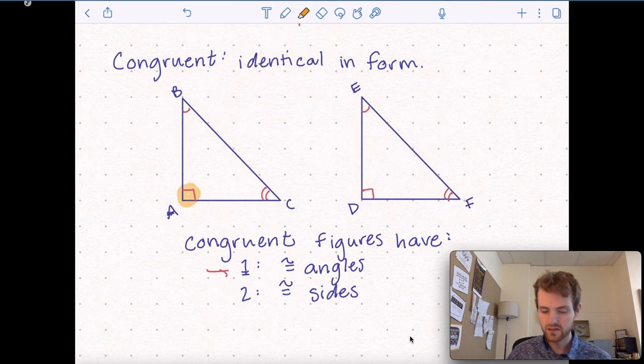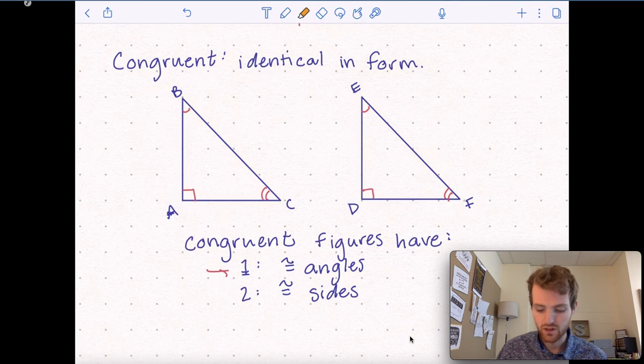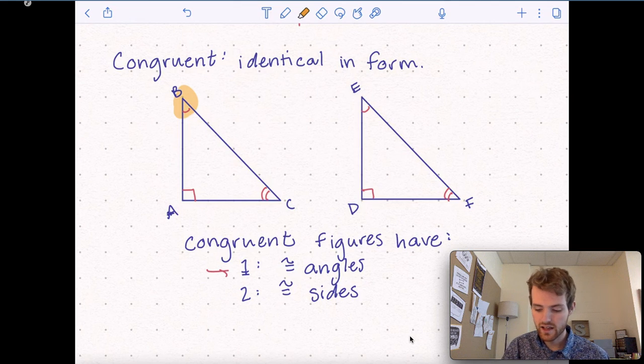So angle A has a congruent match with angle D. Angle B has a congruent match with angle E. Angle C has a congruent match with F. We know those are the congruent matches because of how we write it. For example, B has one arc in the angle, and so that pairs with the one arc angle.